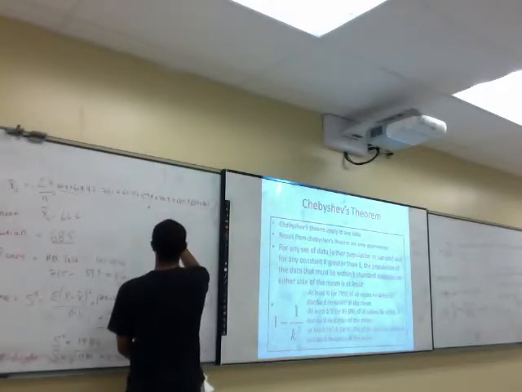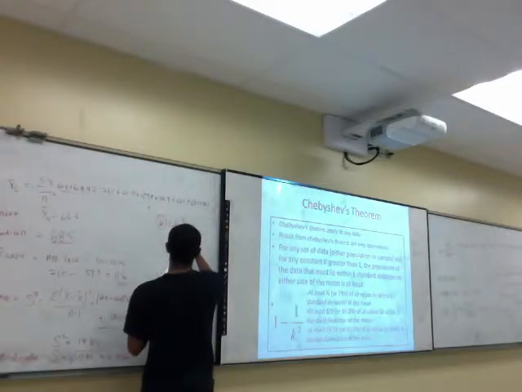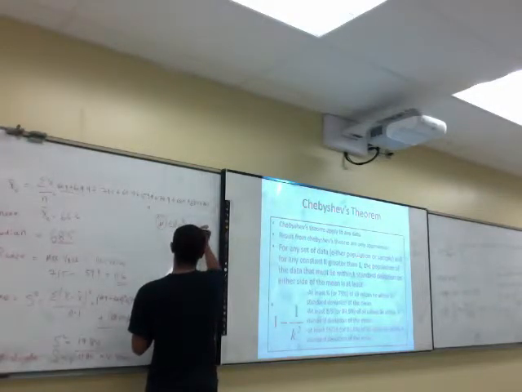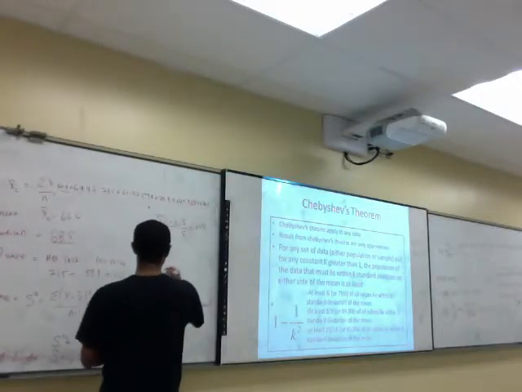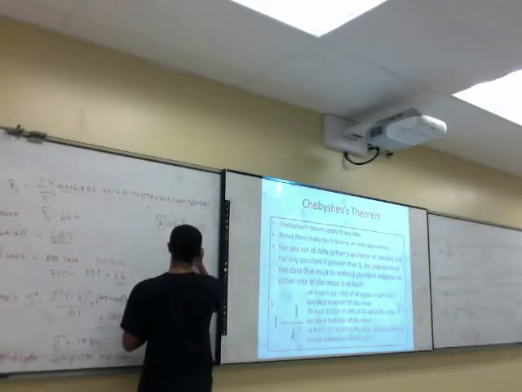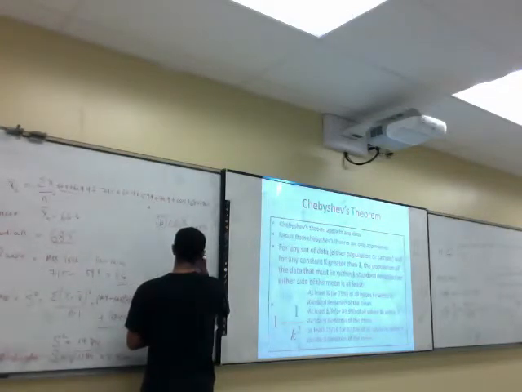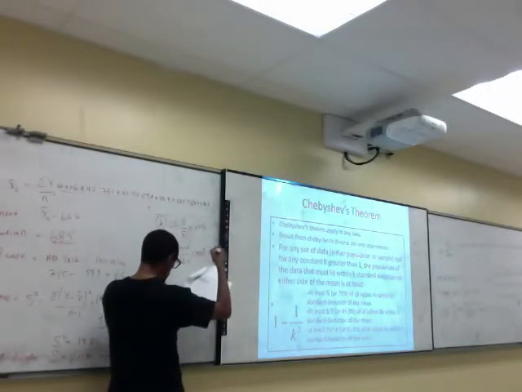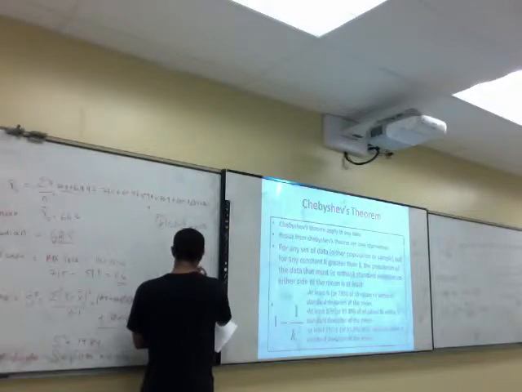Now for B, the coefficient of variation equals the standard deviation divided by the mean times 100. So we have a standard deviation of 4.45 divided by the mean of 66.6 times 100%. Then we have 6.7%.